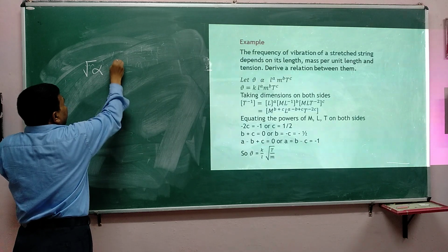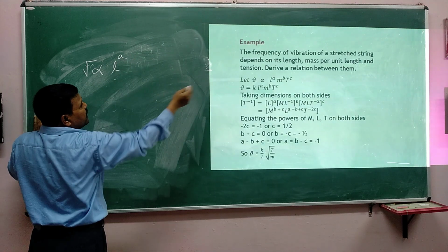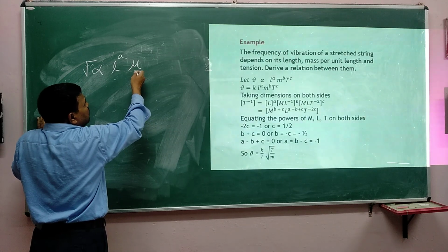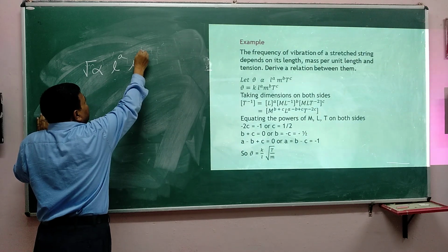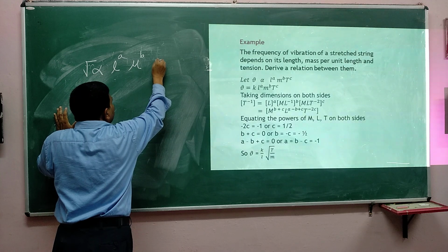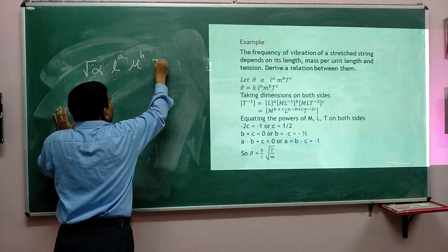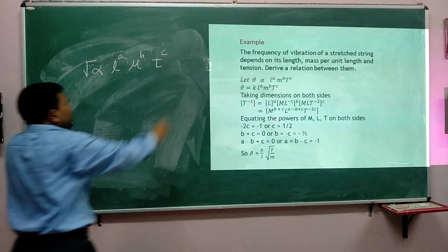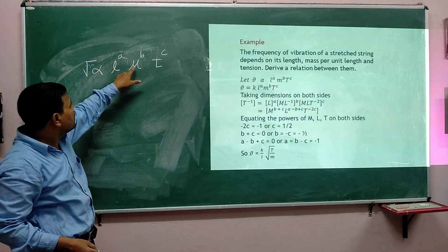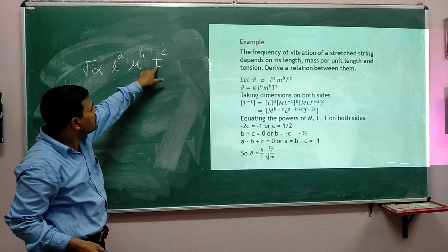One is the length raised to A, don't know how many times, and it depends on mass per unit length, that is mu, raised to B, and the third one is tension. How do we write tension? Okay, let us take tension as a small T raised to C.